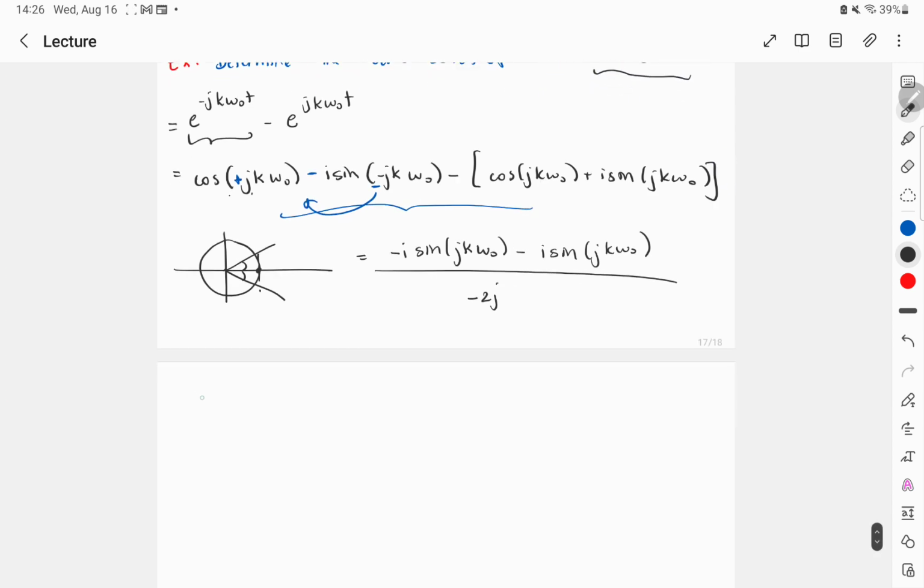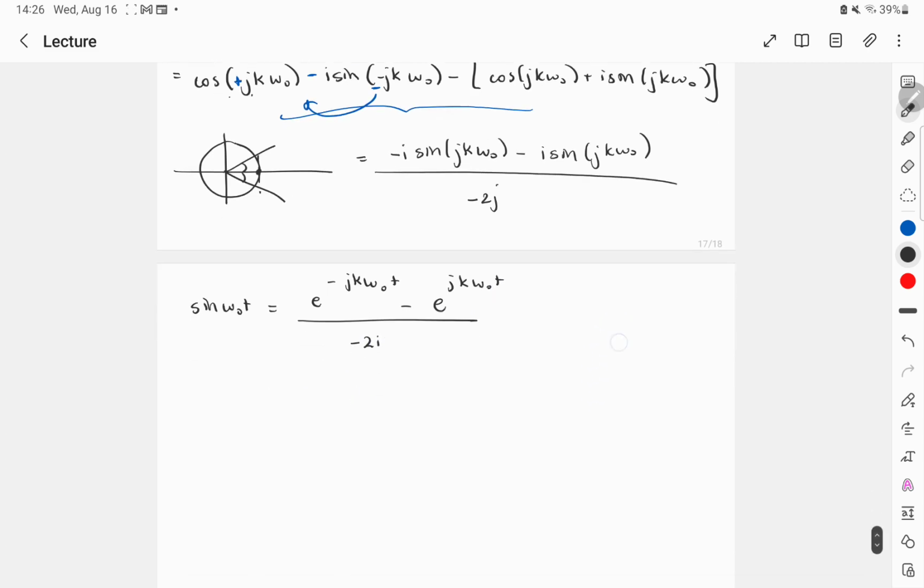So we can basically say that sine omega t equals e to the power of j omega t minus e to the power of minus j omega t over 2j. So we need to find the coefficients, the coefficients of the Fourier series.